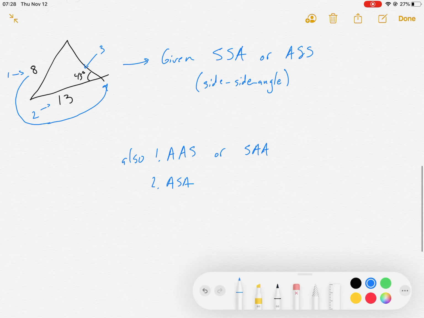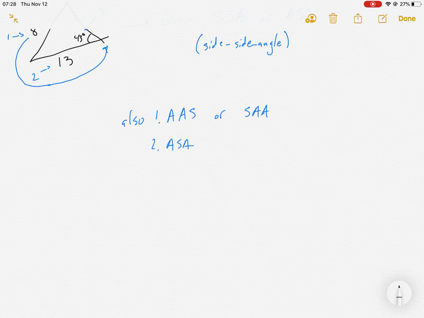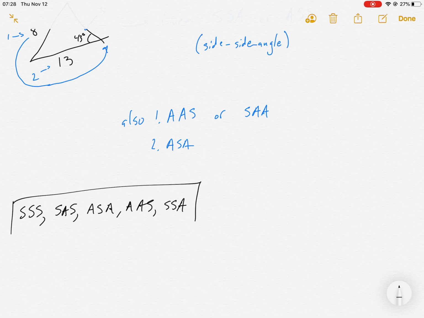So if we were to write all of these out, just kind of as a reminder, again, you probably remember this from geometry, but you could have SSS, you could have SAS, ASA, AAS, or SSA. And I just want to remind you of that because I will be referring to these throughout today's lesson. It'll be slightly different from the way we refer to them in geometry, but they are going to come up. So that's why I wanted to remind you of those.